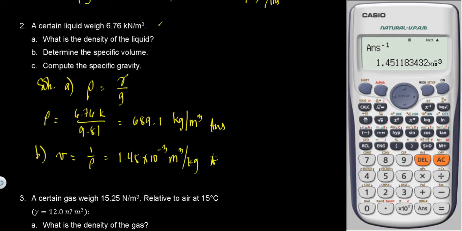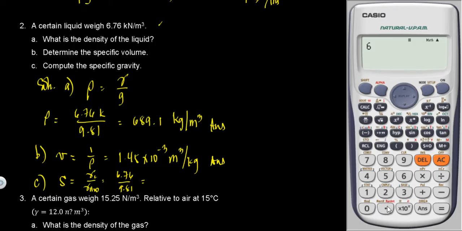Okay, answer. Letter C, the specific gravity. Specific gravity is equal to the unit weight of the liquid over the unit weight of H2O. So we have unit weight is 6.76 over 9.81 kilonewton per meter cube, ito, ha. Yes, that is the unit weight of water.